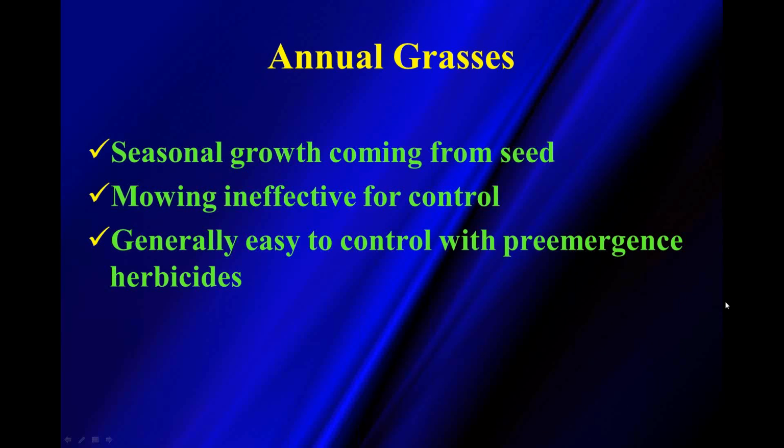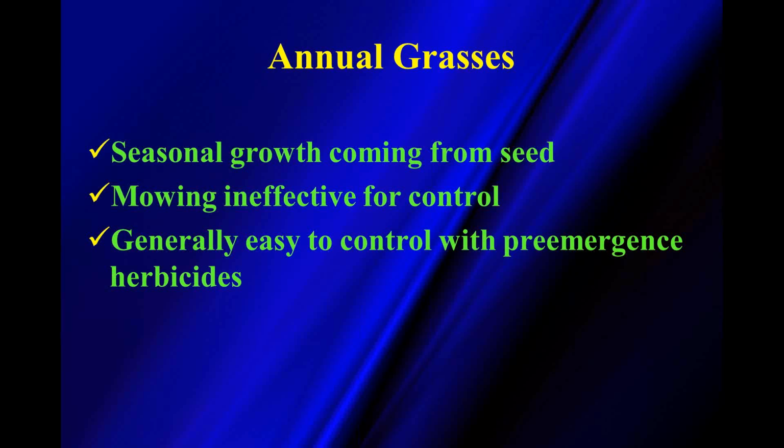Annual grasses specifically, again, as I mentioned before, have seasonal growth coming from seed. Mowing is ineffective for control in the case of annual grasses. I mean, and you've probably experienced this where you've mowed crabgrass time and time and time again, even short, you've weed-eated it down, what have you, and it still comes back.